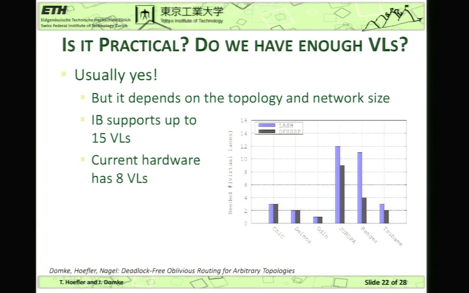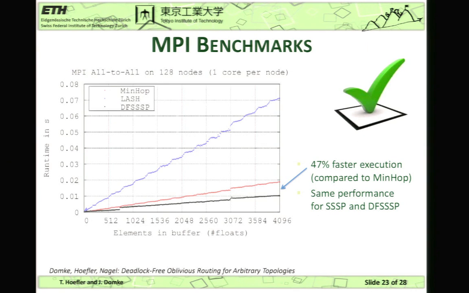But then you have the Ranger system, much, much bigger. It's installed at TACC with those very, very cool Magnum switches with 3,456 ports, and that will actually live with 4. So this is all workable in practice, right? And Tsubame only takes 2. So this mechanism actually works in practice, but now let's again evaluate the performance with a more practical setting. Many of you may be aware that all-to-all is kind of an important collective operation in MPI.